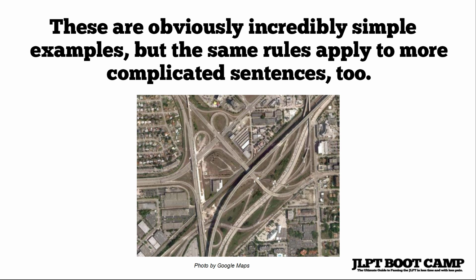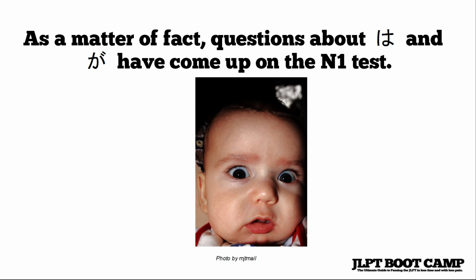And as a matter of fact, questions about wa and ga have come up on the N1 test, and probably will come up on the N1 test in the future, and even on the N2 test, of course, N3 test. This topic, this battle between wa and ga, comes up pretty often. So it's important to get these rules down right.